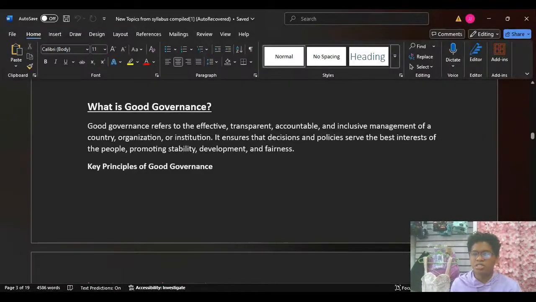But good governance is just the exact opposite of that. It's transparent, it's effective, it fulfills its promises. These are some of the qualities of good governance: making sure that you serve the interests of the people, promoting stability, development, and fairness, not treating one group better than another, which is most likely the case. Because I'll be honest, I don't want to be canceled. I don't want somebody to pelt me down with a stone.